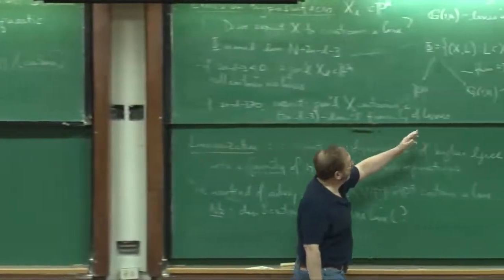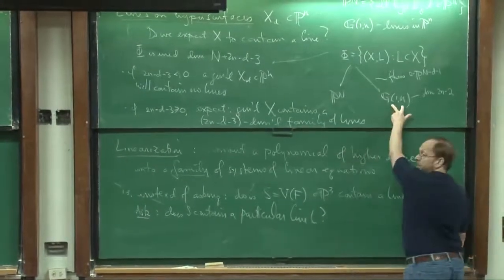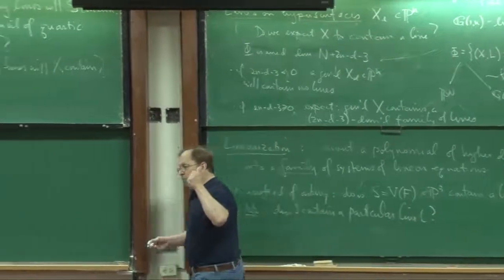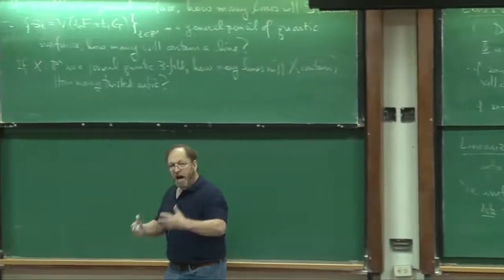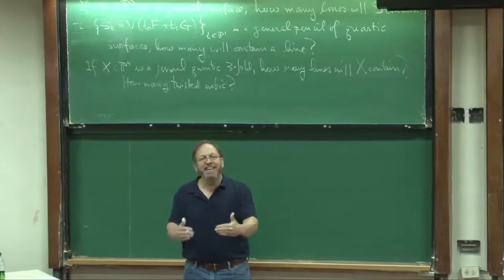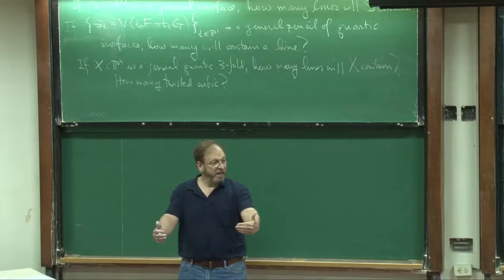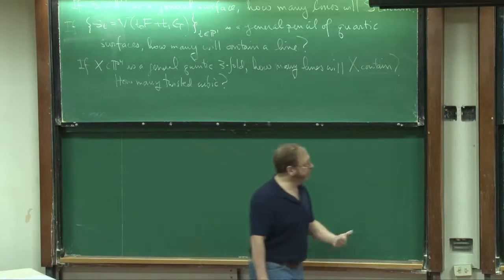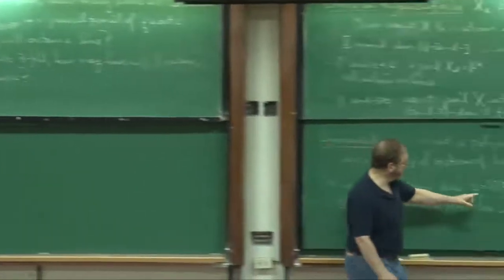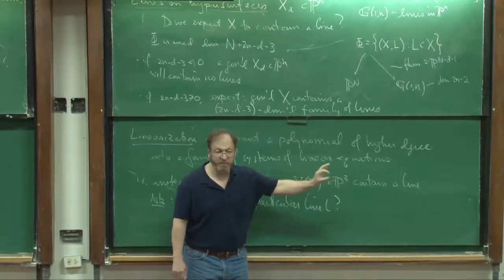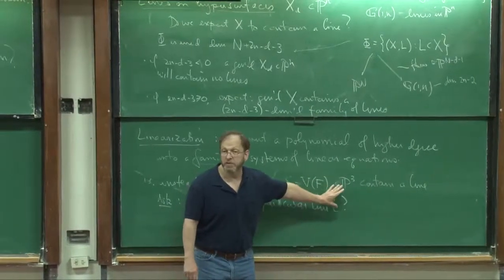Well, again, we said that. If we have a line in P3, a point in the Grassmannian, we want to look at the space of homogeneous polynomials of degree d on that line. And what we want is the particular point in that vector space, namely the restriction of f to that line. We want that to be 0. That's our system of linear equations.